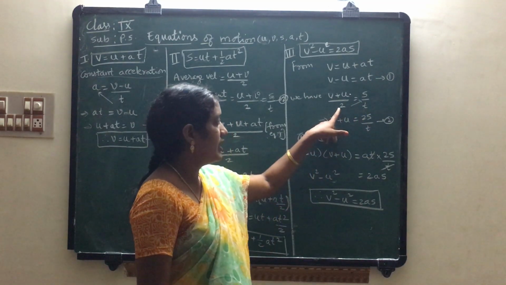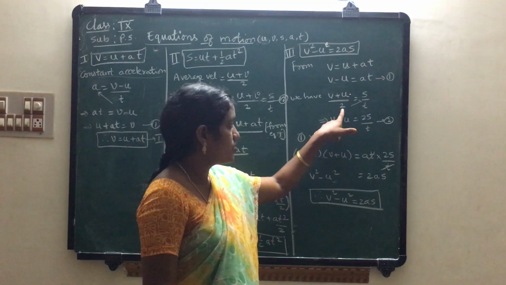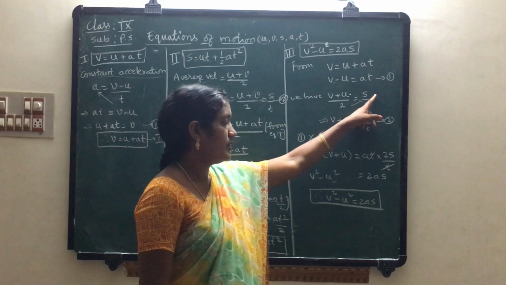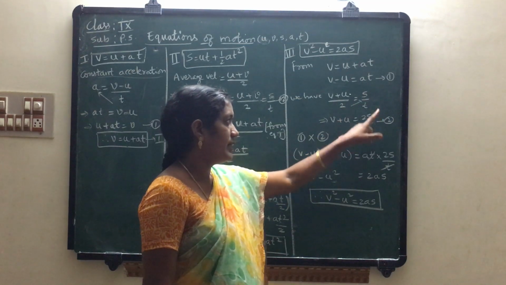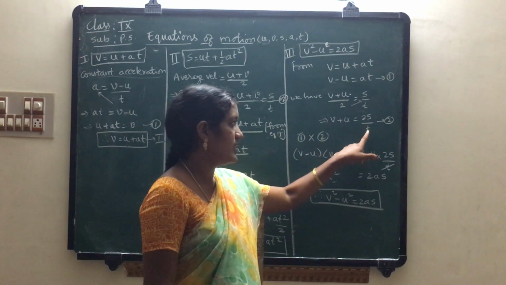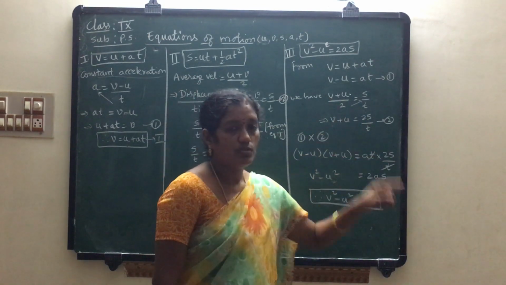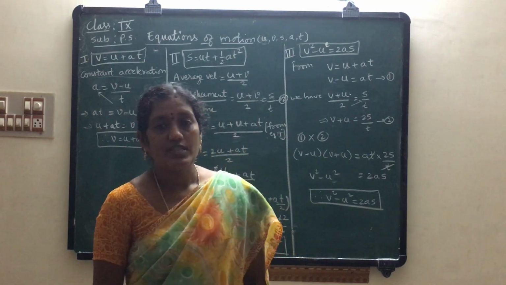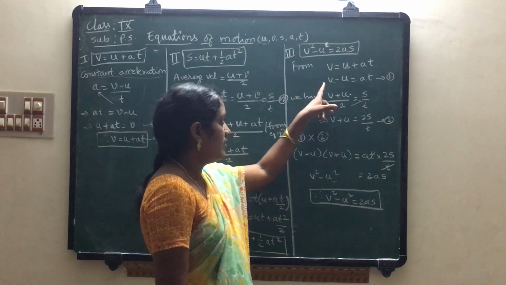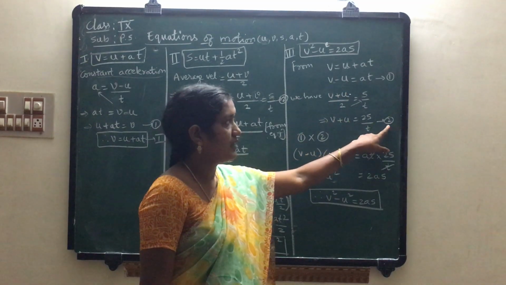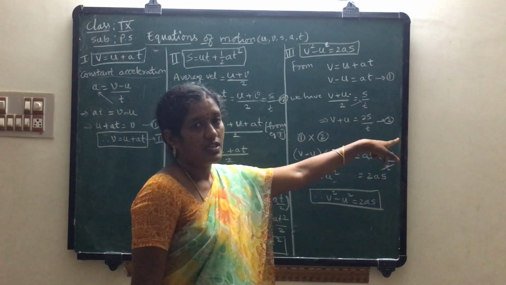So from this one, take this 2 to the right hand side. It is multiplied, so it will become 2 into s by t. So v plus u is equal to 2s by t. Here v minus u is there, here v plus u is there. This is equation 2 and this is equation 1.